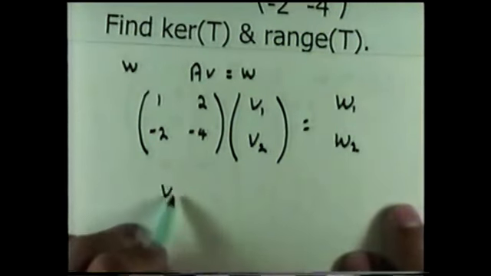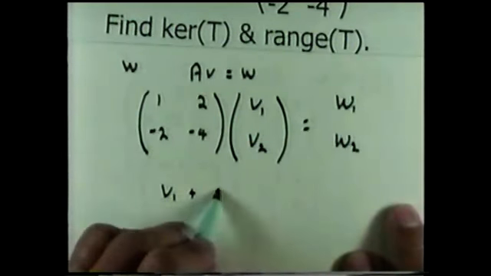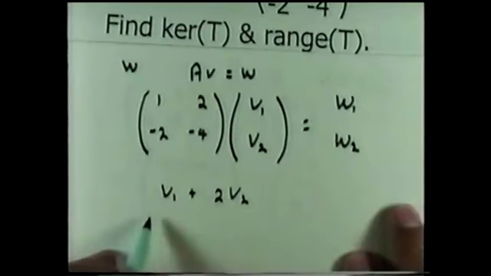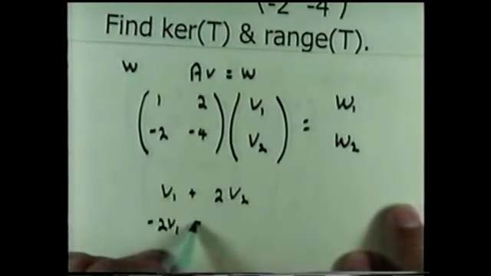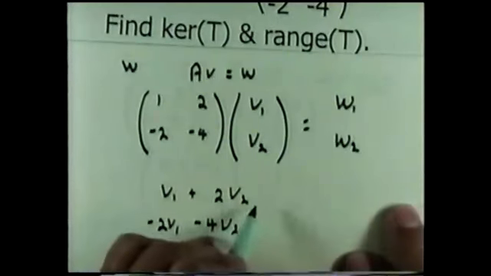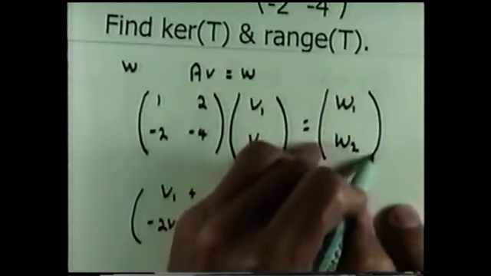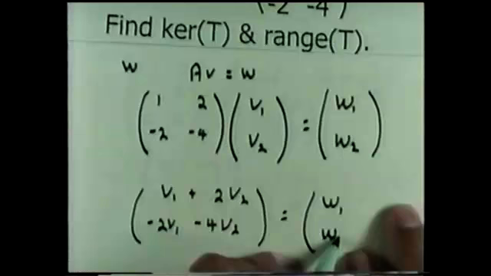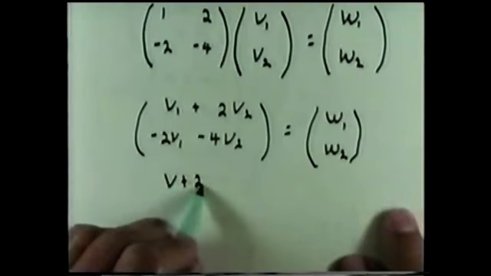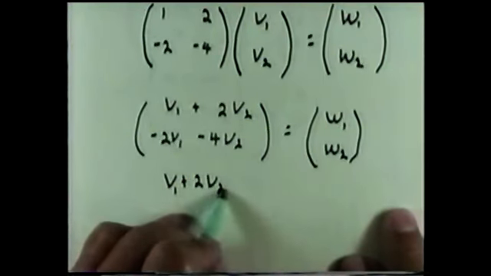Or I get v1 plus 2v2, and -2v1 minus 4v2, is equal to [w1, w2]. So v1 plus 2v2 is equal to w1, and -2v1 minus 4v2 is equal to w2, when I equate the components.